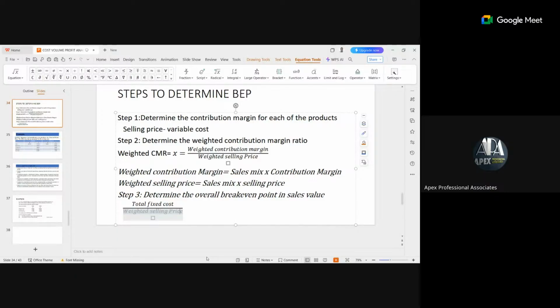Divided by weighted contribution margin ratio.